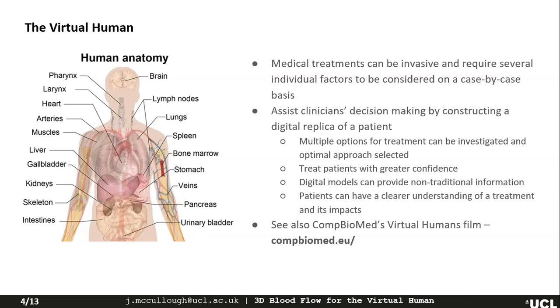Such digital models can provide information to the doctors that is not necessarily available to them with traditional analytic and diagnostic techniques. And it can also help the patients because it can help them have a clearer understanding of what's going to be happening to them.